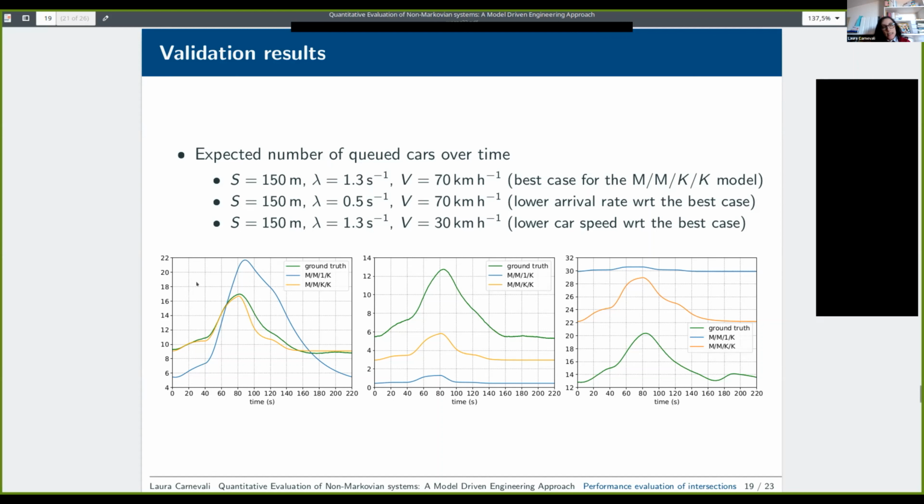In the other cases, we can see that the MMKK model is able to accurately follow the trend of the ground truth. And in all cases, as we expected, the MMKK model outperforms the MM1K model.